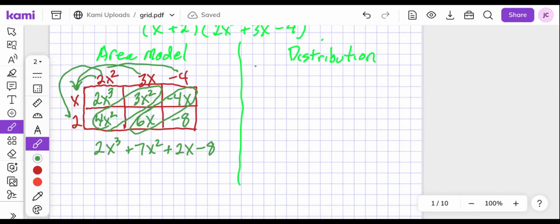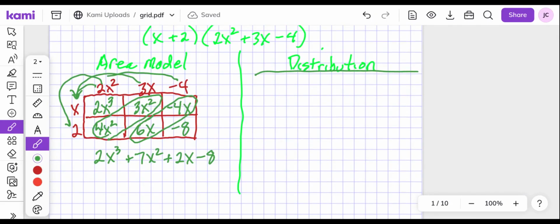Now, distribution, I'm going to go ahead and write this down here. And again, I'm going to distribute each term in the binomial to each term in the trinomial.